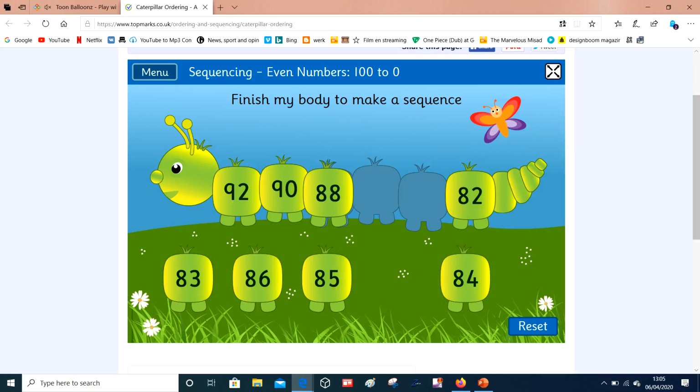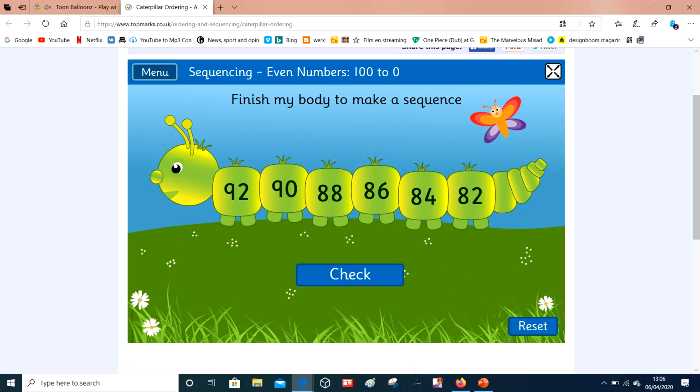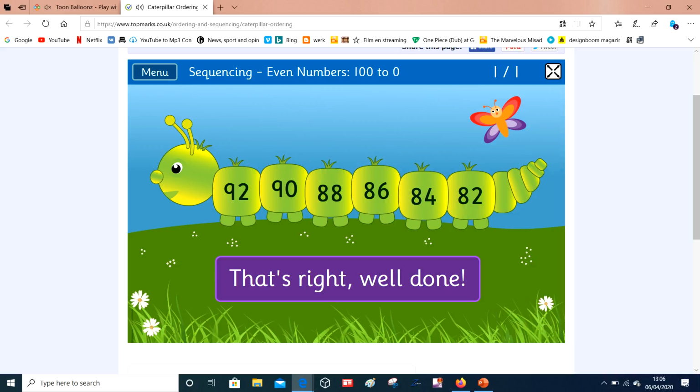Let's pull this one up here. Okay, perfect. Now, 88 minus 2 would be, you got it, 86. Well done. And 86 minus 2 would be 84. Well done. Nice. Let's check it, shall we?